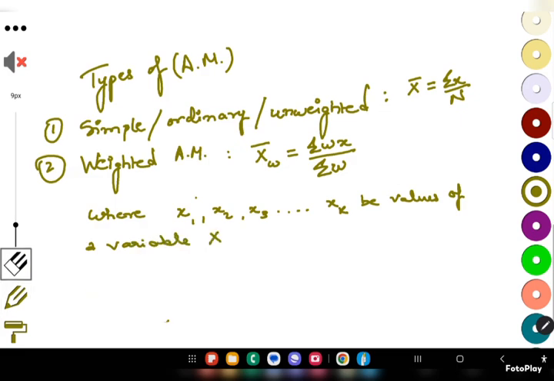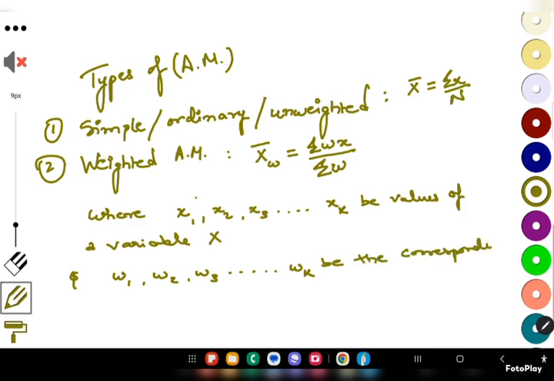It is just to represent the series. So when there are certain weights assigned to the values of a variable in a series, then weighted average mean is used, and the formula is given here, and everywhere sigma represents summation or the total.